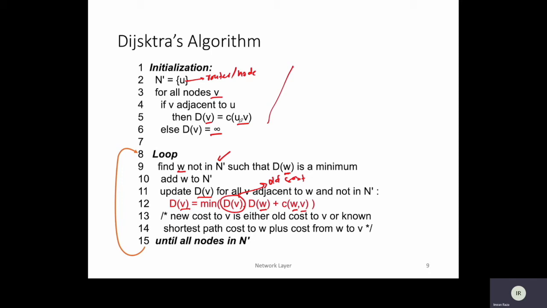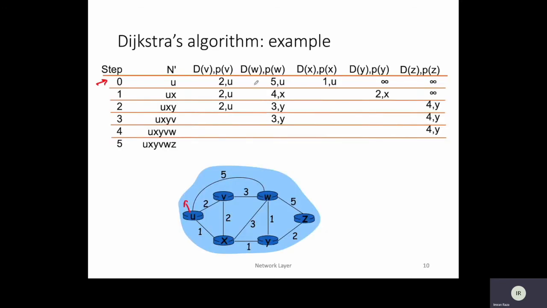Why? Because these are the neighbors of node U. But if these nodes are not neighbors of U, then this cost is infinity. We'll see how. So since V is the neighbor of U, the cost is known, right?